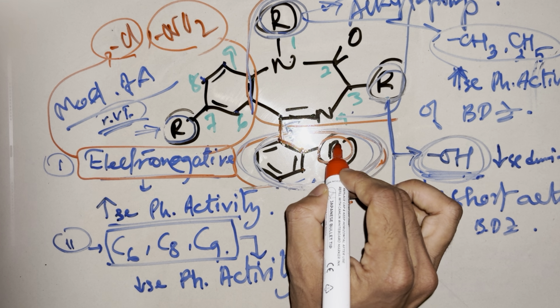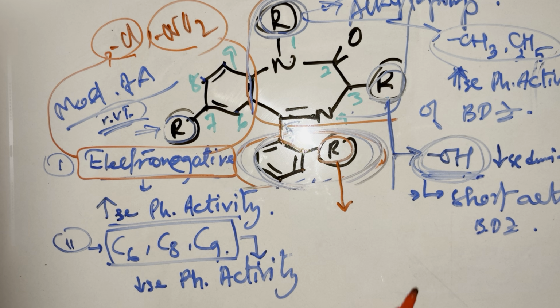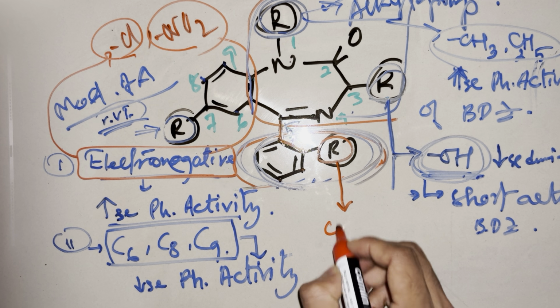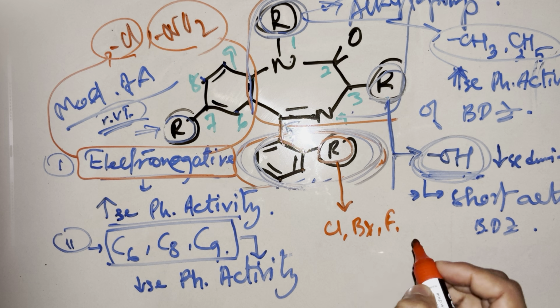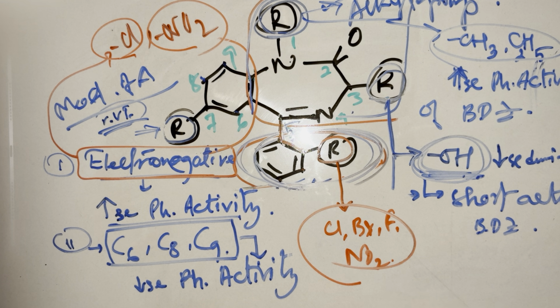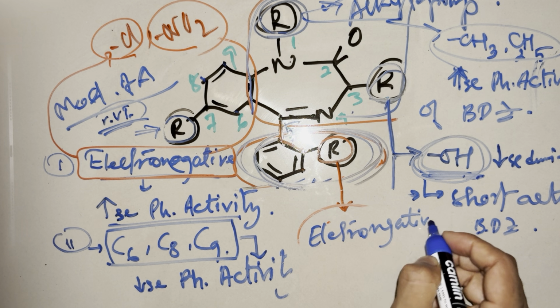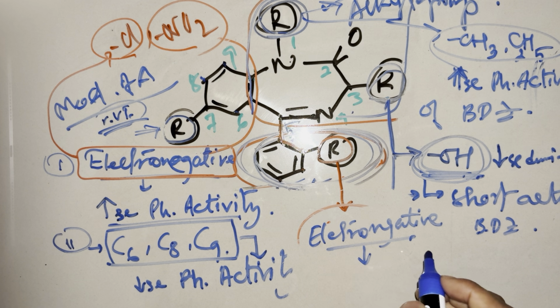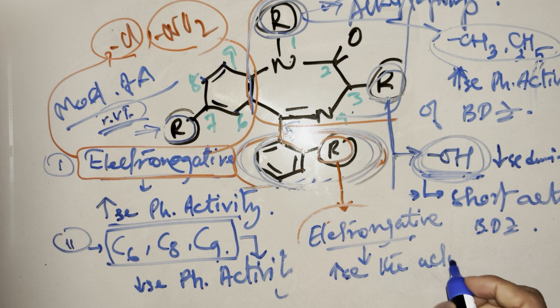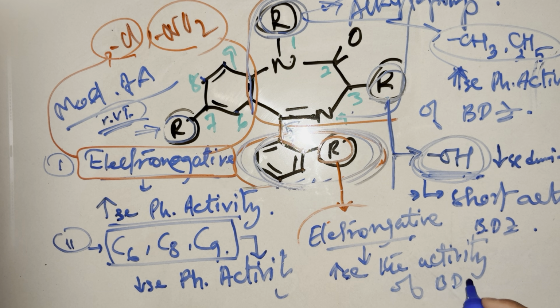So if this ortho position is substituted with electronegative atoms like chlorine, bromine, fluorine, nitrogen, like this, then it will ultimately increase the activity of benzodiazepines.